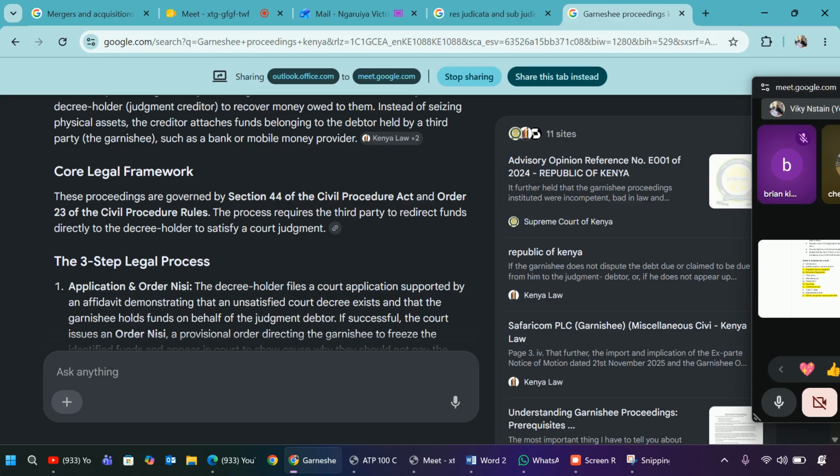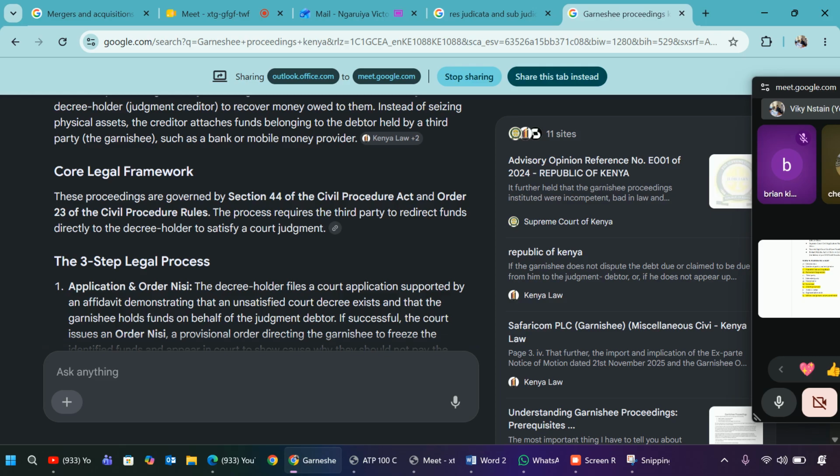You have won your case and you have sued a certain insurance X. And because you have the bank details of insurance X, or you have an insider who has given you their bank accounts, you will move court through garnishee proceedings.